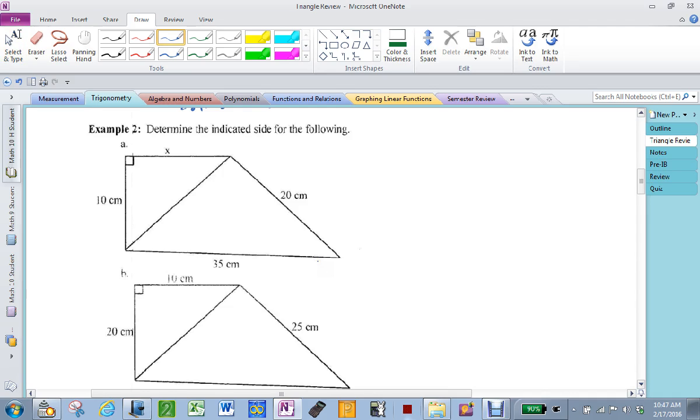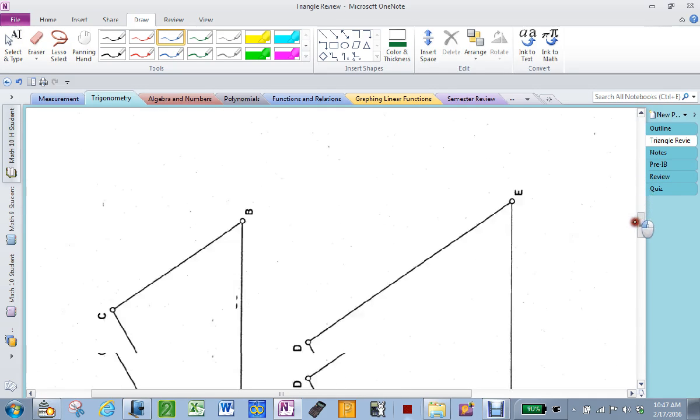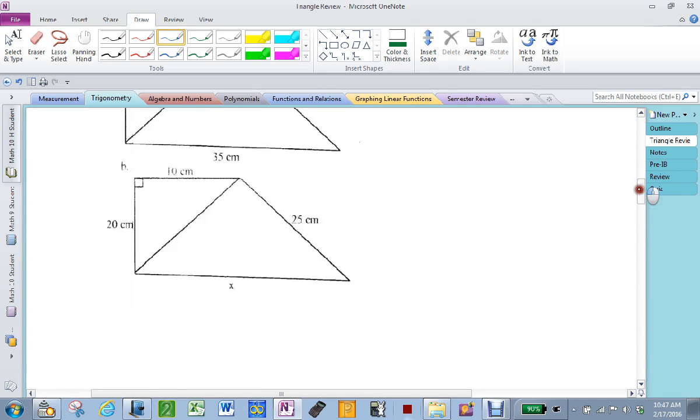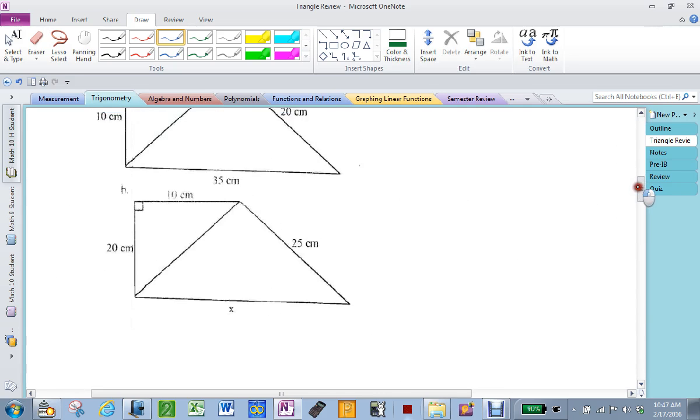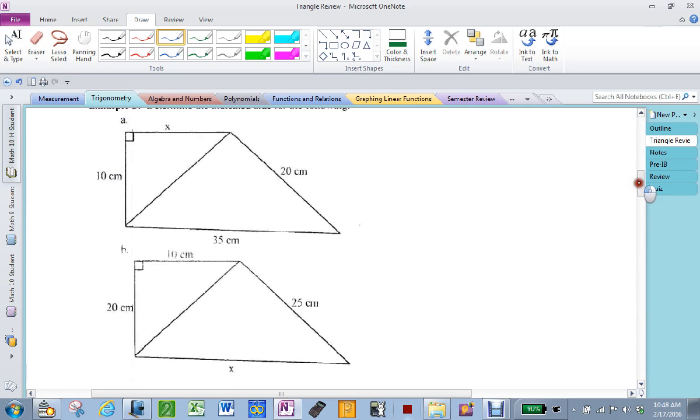Everybody good? Okay. So what I wanted to do now is go on and do similar triangles, but we aren't going to have time because the bell is going to ring in 8 minutes.